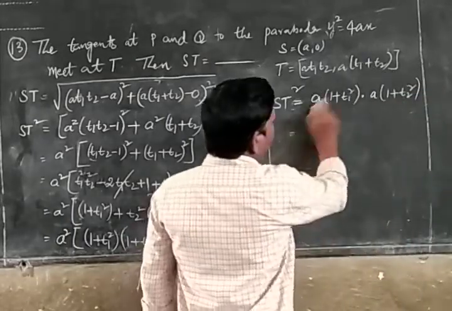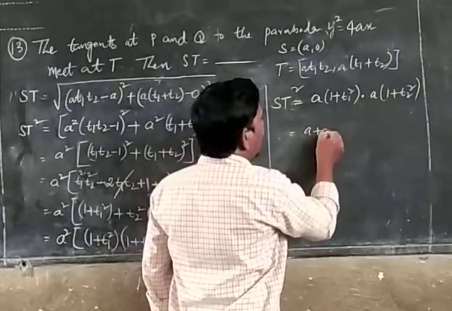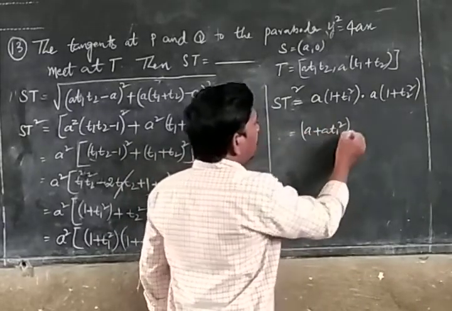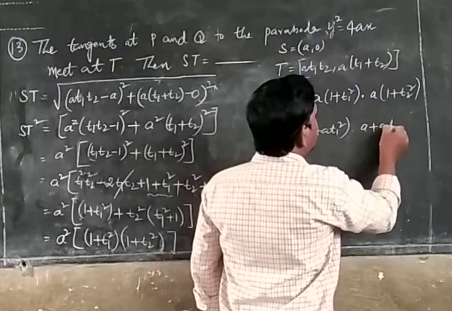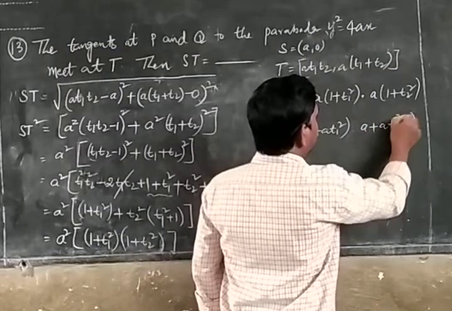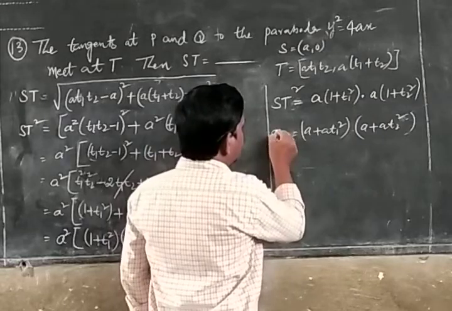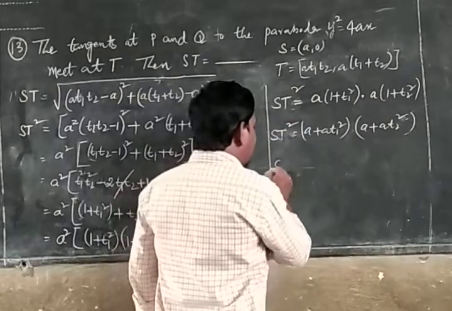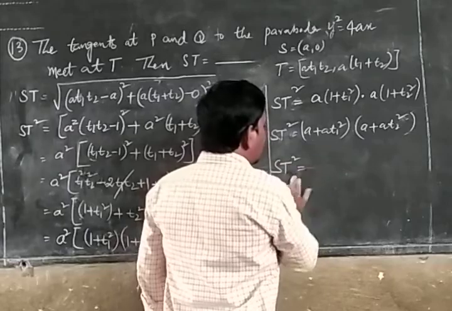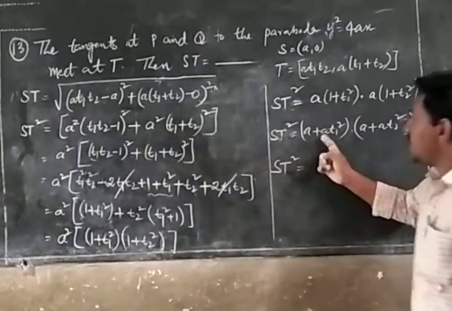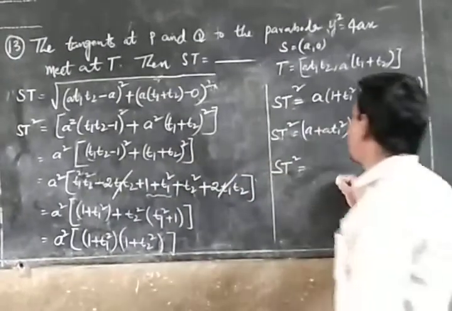Now by multiplying, a plus a t1 square, a plus a t2 square. Now ST square equal to, so a plus a t1 square means SP.